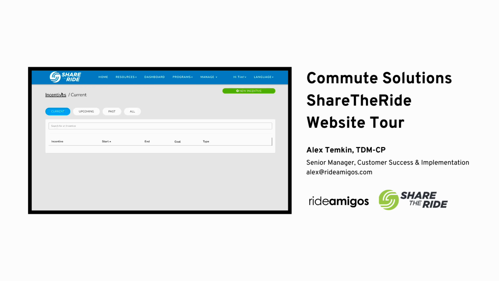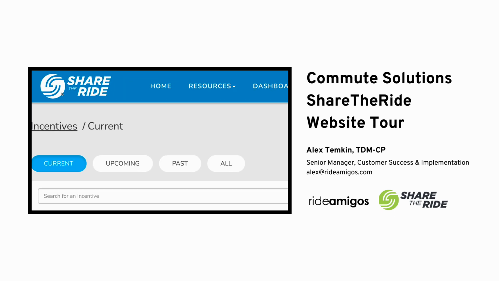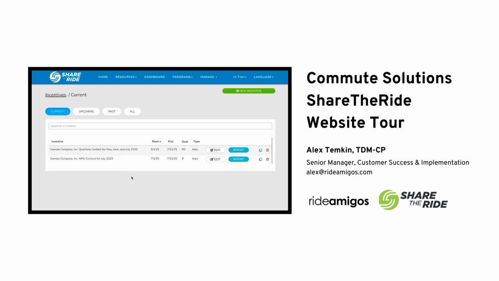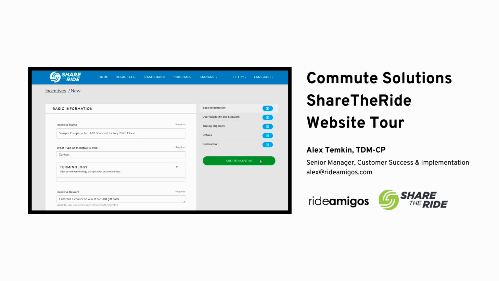Now let's discover how to clone an incentive. Hit the Clone button next to Report. Change the title and remove the word clone.